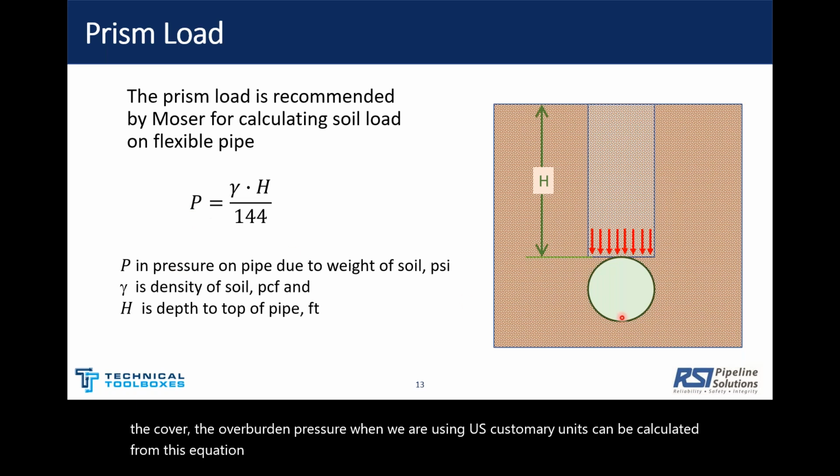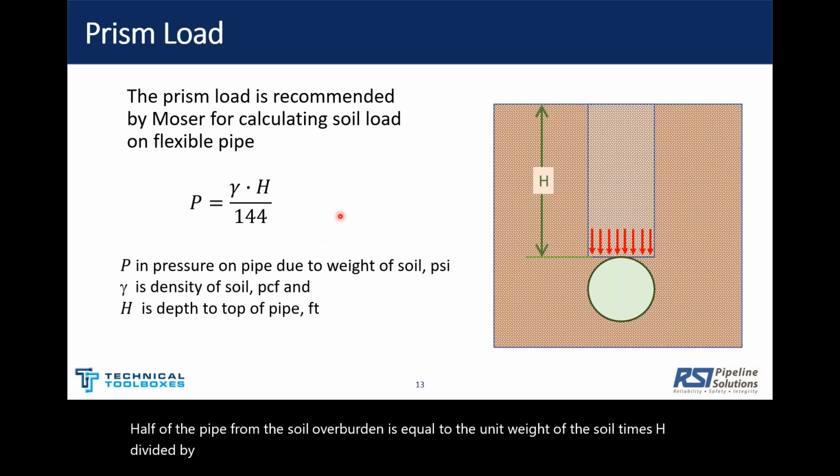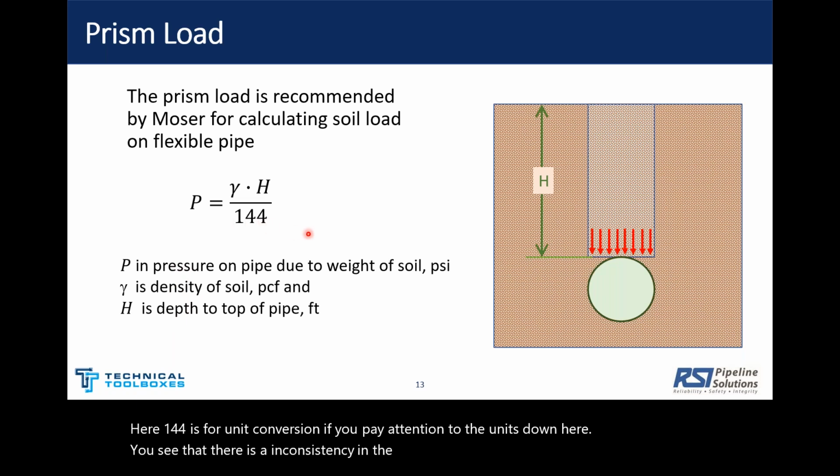The pressure that acts on the top half of the pipe from the soil overburden is equal to the unit weight of the soil times H divided by 144. Here, 144 is for unit conversion. If you pay attention to the units down here, you see there is an inconsistency, so the 144 accounts for that.